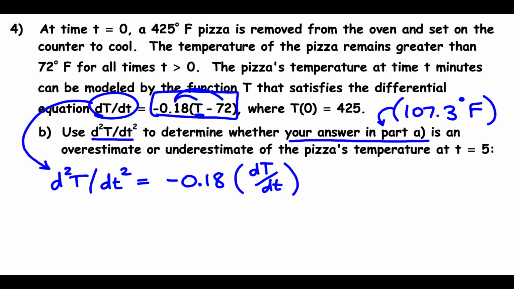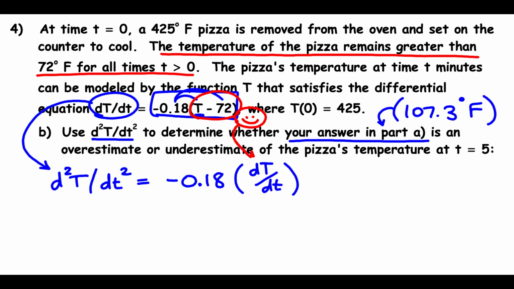Okay. Wow. Now again, this seems to be a little confusing, but I don't think it will be once you realize something. And here it is. This sentence didn't seem to be real important at first, but the pizza's never going below 72 degrees, which means that this parentheses right here is going to stay positive the entire time. Unless you forget about the pizza and a couple weeks go by, then it'll be 0, but it's never going to be negative. Okay, so if the parentheses is positive, we don't even really care what it is.